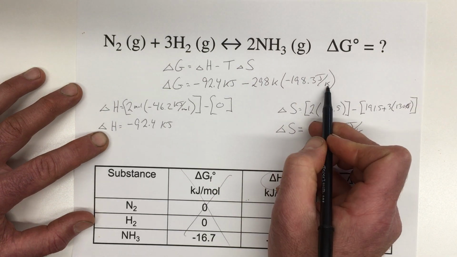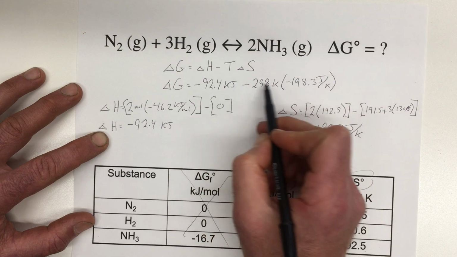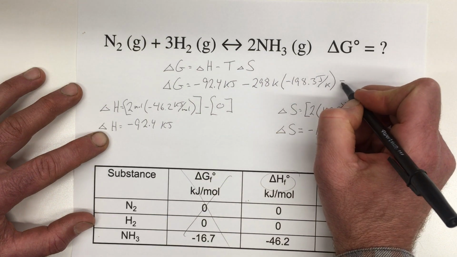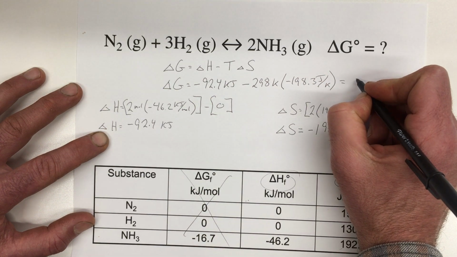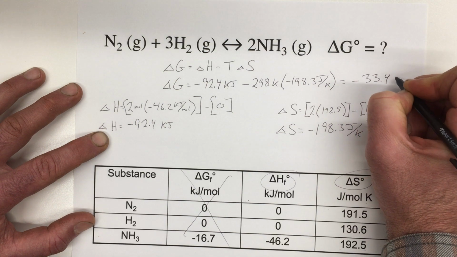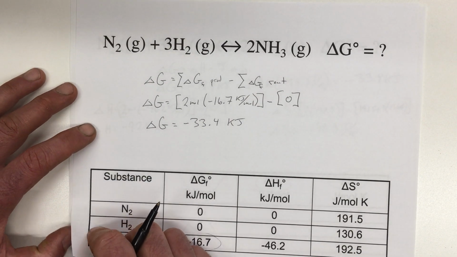So the degrees Kelvin will cancel out. This will be in joules. Before you can add this part, you need to make sure the units are the same. So change this to kilojoules. And when you do that and take the difference between those, you get negative 33.4 kilojoules, which is good because that's the exact same thing that we found using this method.